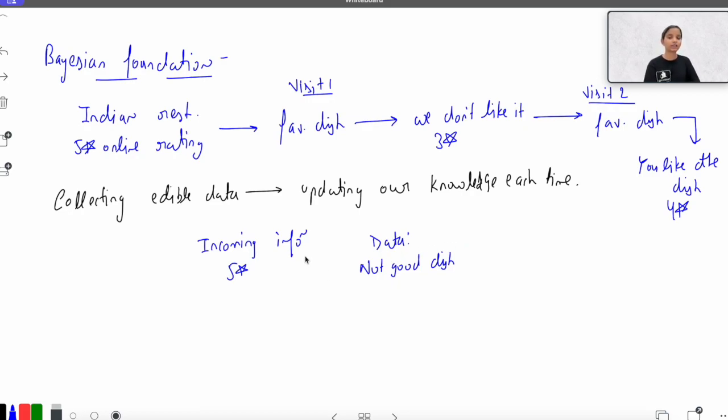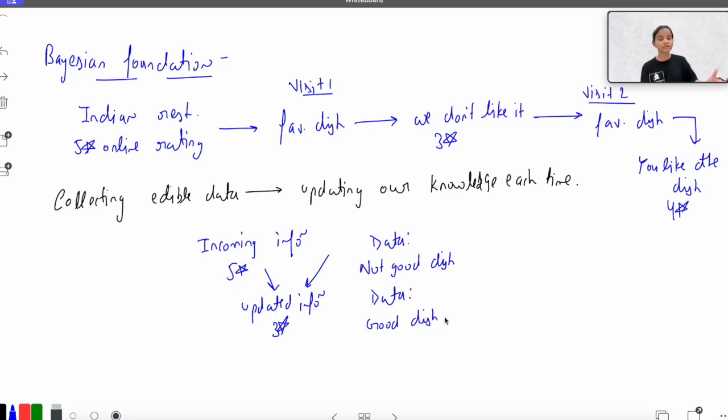After this data, you updated your information: it's not a 5-star restaurant, it's a 3-star restaurant. Then in the second visit, you again collected some edible data. Now you say it's a good dish. You like it.